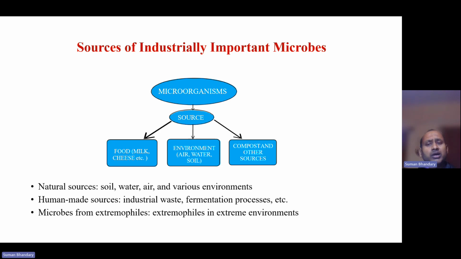And we also consider that an industrial microorganism should not be pathogenic, but not in all cases, because for the production of vaccines we are using pathogenic bacteria. But mostly we consider industrial microorganisms should not be pathogenic, especially to humans or economically important animals and plants. And they should never produce toxic metabolites, which may harm us as well as economically important animals and plants.